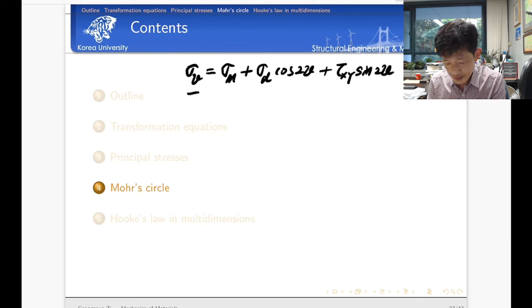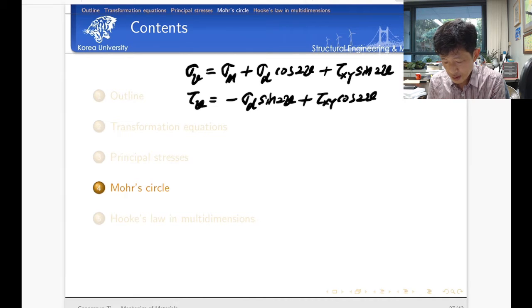And then the shear stress in that direction is equal to minus the stress difference times sine 2 theta, plus tau xy, the reference shear stress, times cosine 2 theta.